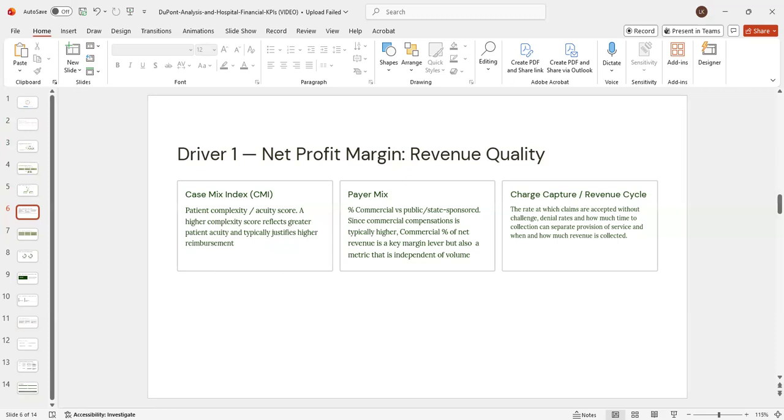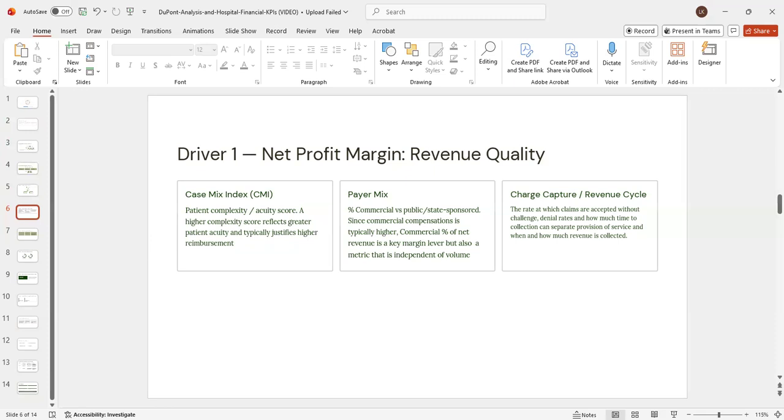And why that matters is because the more complex and the more severe the illness, you are justified in requesting a higher reimbursement level, which in turn affects revenue. So the bottom line is that the more complex the case mix, the greater the revenue potential.